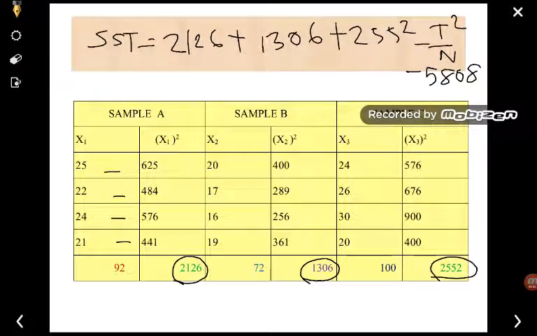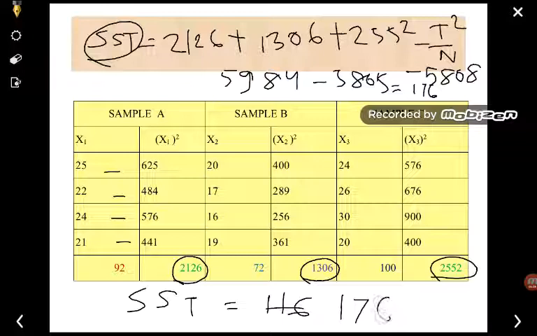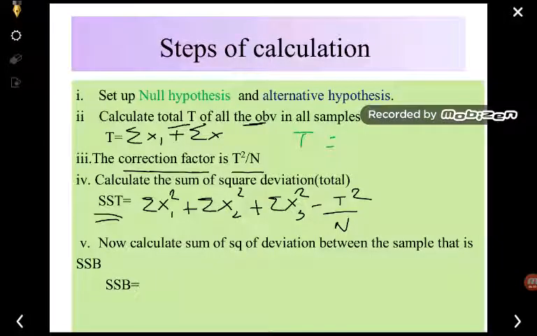So 5984 minus 5808 equals 176. So we got the SST as 176.